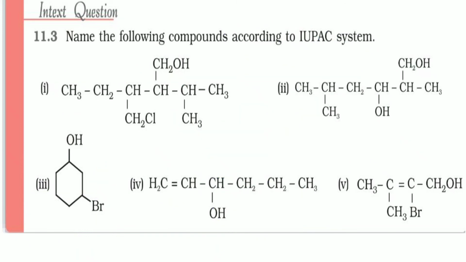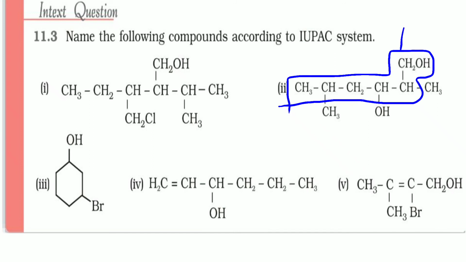Let's go to the next question. First we need to identify the long chain. Here I have identified it, and from the side where the functional group is near, we will write number 1, 2, 3, 4, 5, 6.